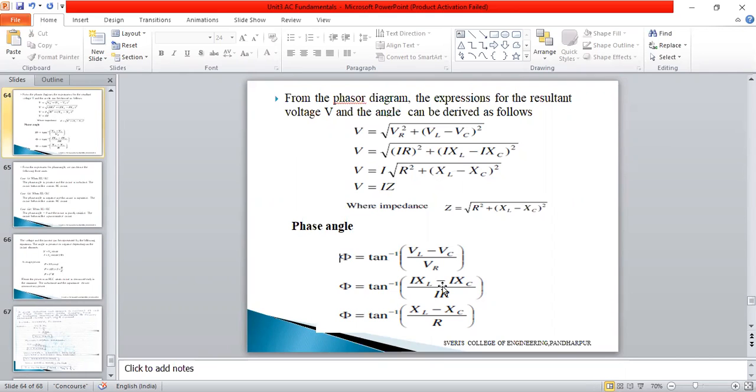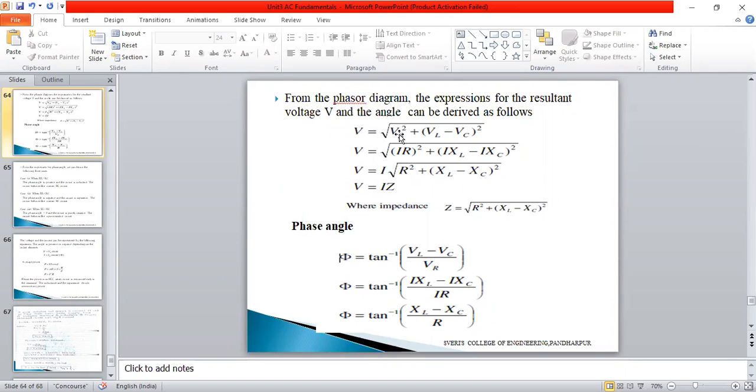What about the third condition? For the third condition, the VL minus VC term will become 0.